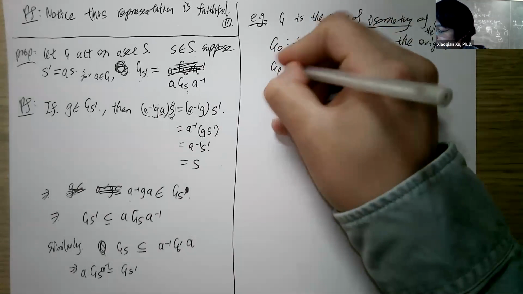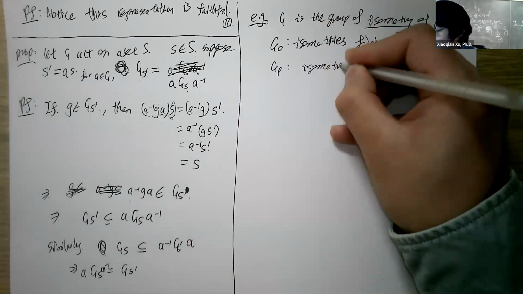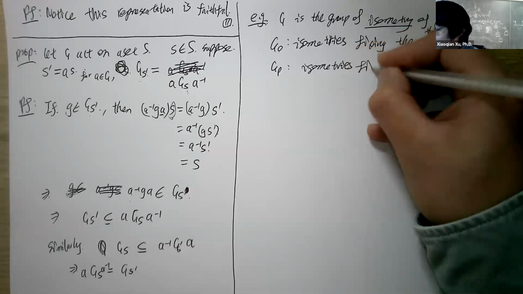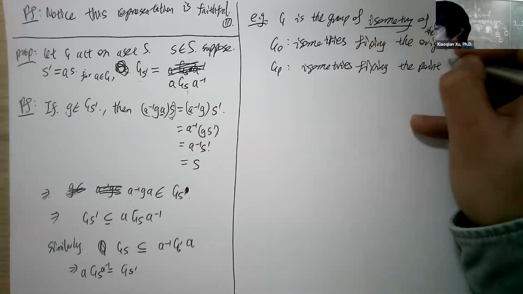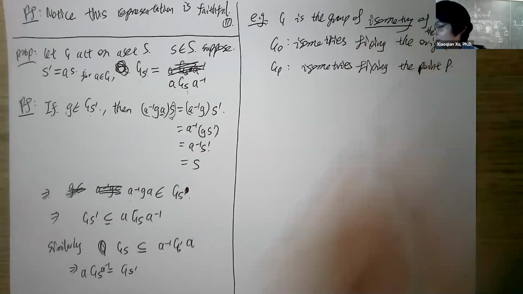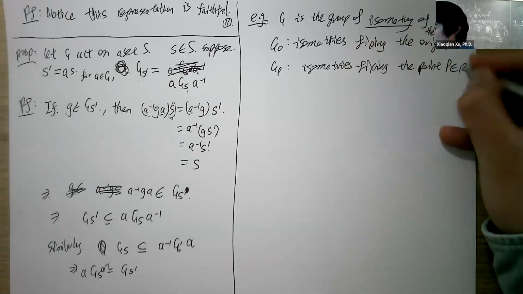And GP is an isometry fixing the point P. Okay? P is some arbitrary point on this R2.